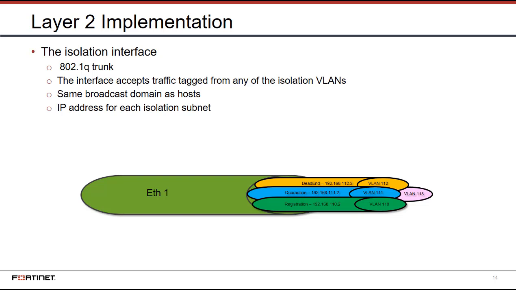In this type of scenario, we now have a presence, so to speak, on every isolation network, because the main goal here is that Ethernet 1, and the Fortinet Ethernet 1 specifically, is going to be the DHCP server and DNS server on that isolation network.